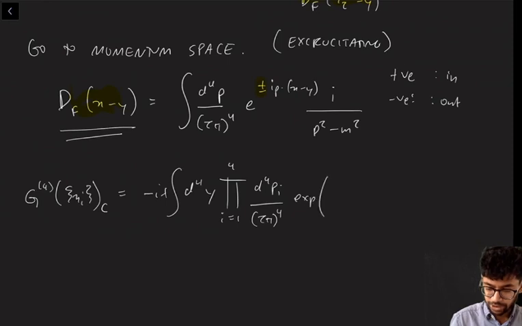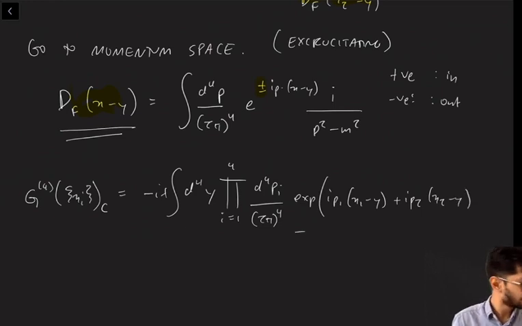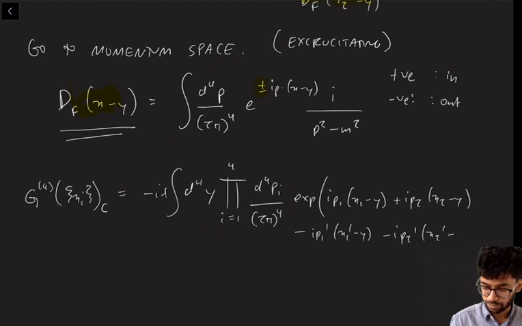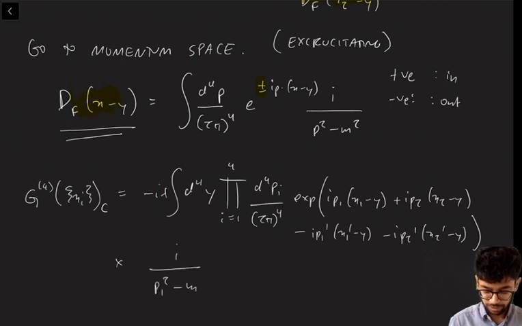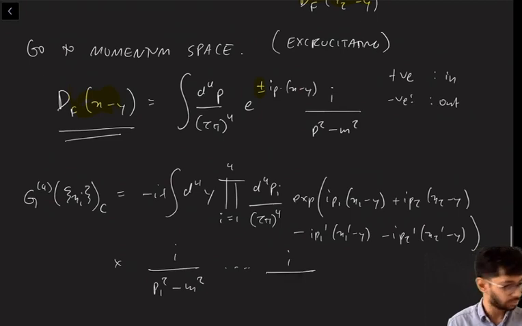Next, I have a bunch of things in the exponent. So they are ip1 (x1 minus y) plus ip2 (x2 minus y) minus ip1 prime (x1 prime minus y) minus ip2 prime (x2 prime minus y). And finally, I have the product of all of the propagators, so this goes all the way from p1 squared all the way up to p2 prime squared minus m squared, and there are 4 of these propagators.